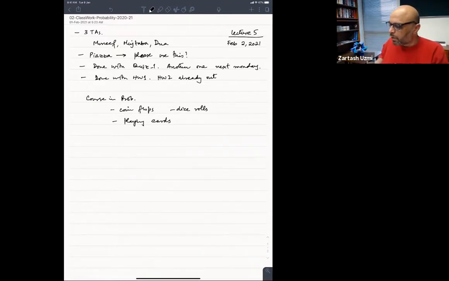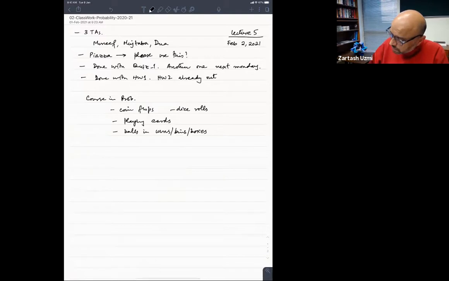How many ways can you draw a specific one? People get frustrated: why are we doing all of these countings? And we also do balls in urns or bins or boxes. What is the use of that? This is very boring or frustrating, and people are unable to relate it to practicalities.